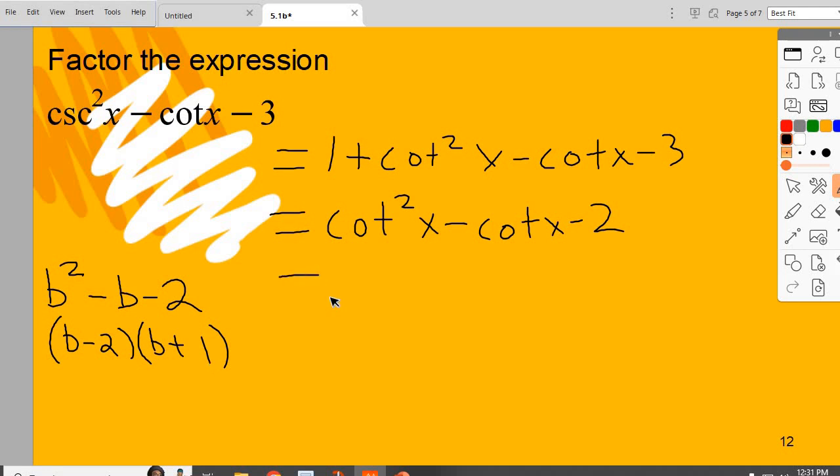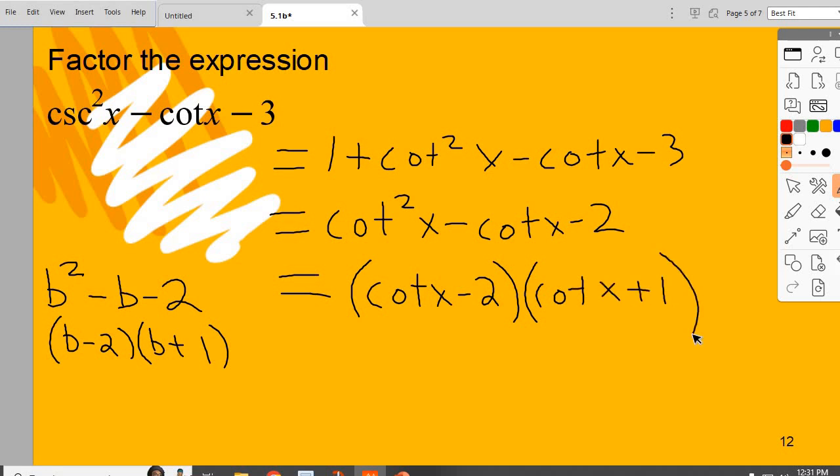Which means that this is going to factor, again, just replacing my b's back with my cotangents. We have a cotangent of x minus 2 times a cotangent of x plus 1. That's my answer. Again, still all the same techniques that we've used in the past. It's just now we're throwing in some trig functions.